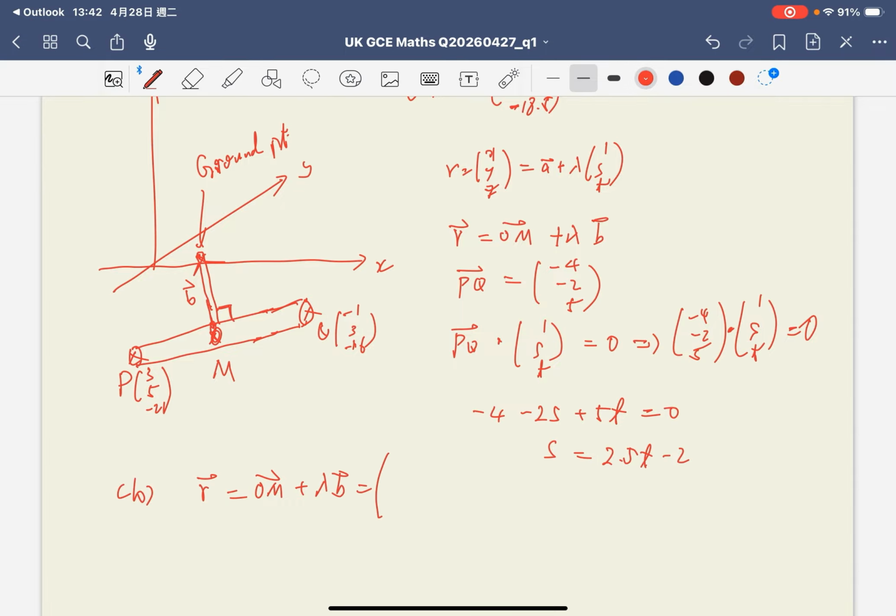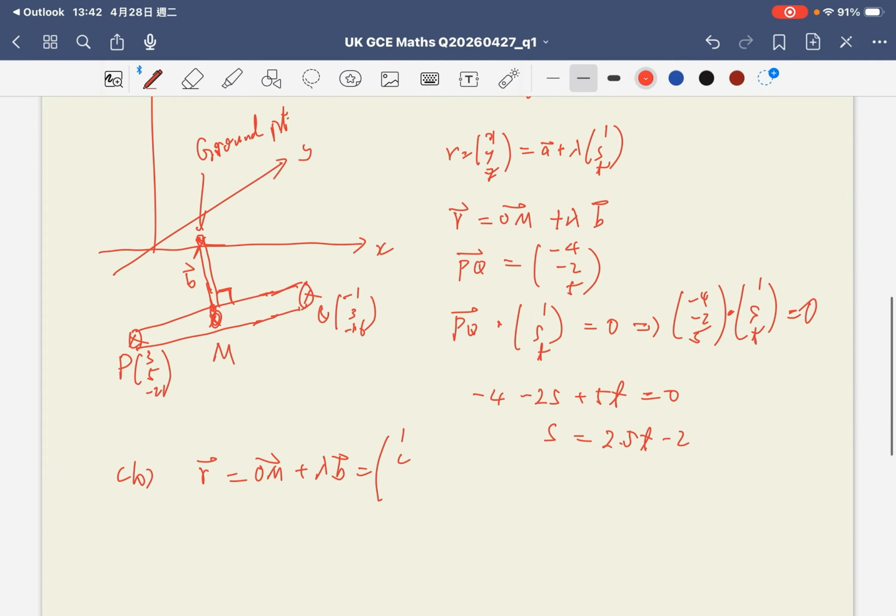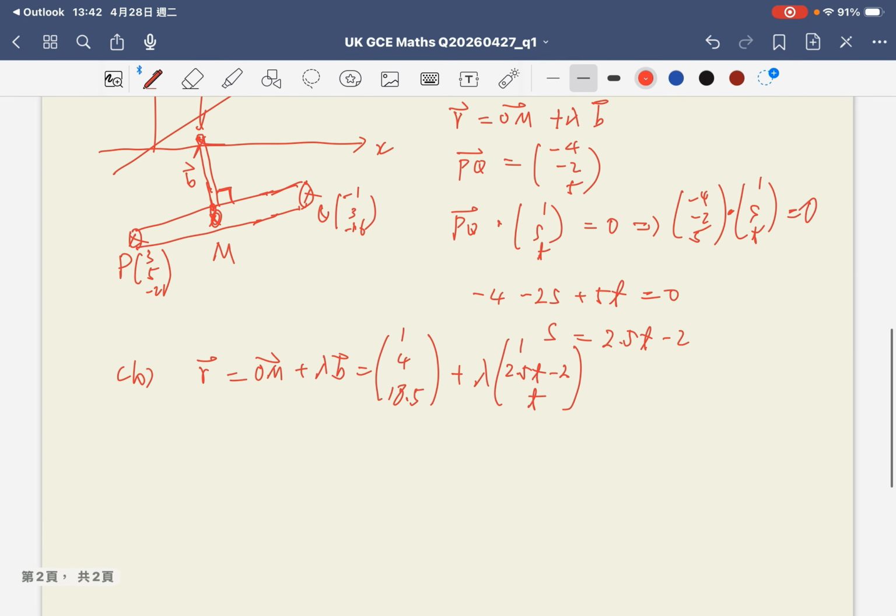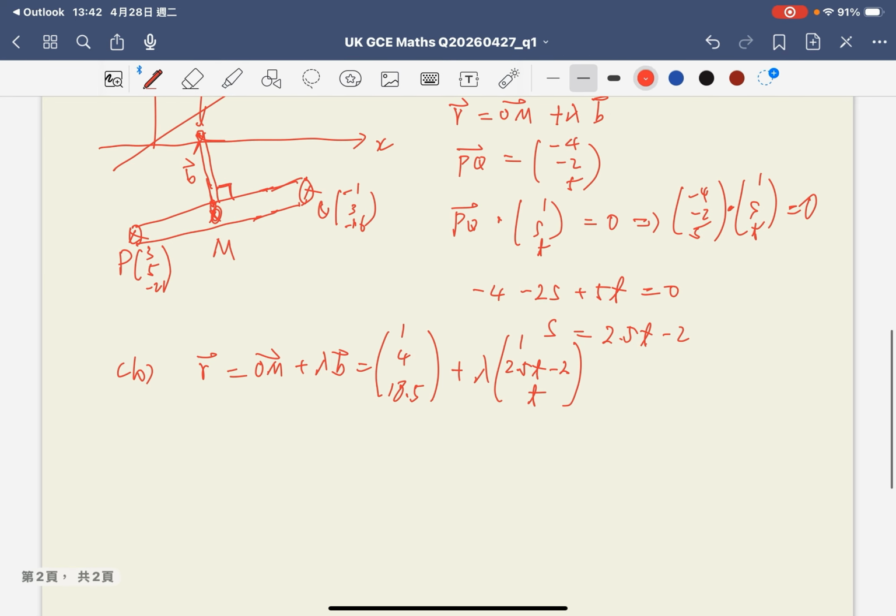OM is (1, 4, -18.5). Lambda b is lambda times (1, s, t), where s is 2.5t minus 2. Then at the ground point, the z coordinate should be equal to 0. That means -18.5 plus lambda t equals 0.